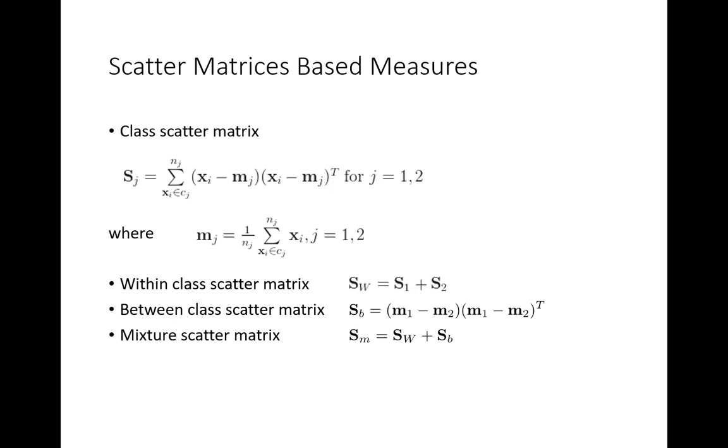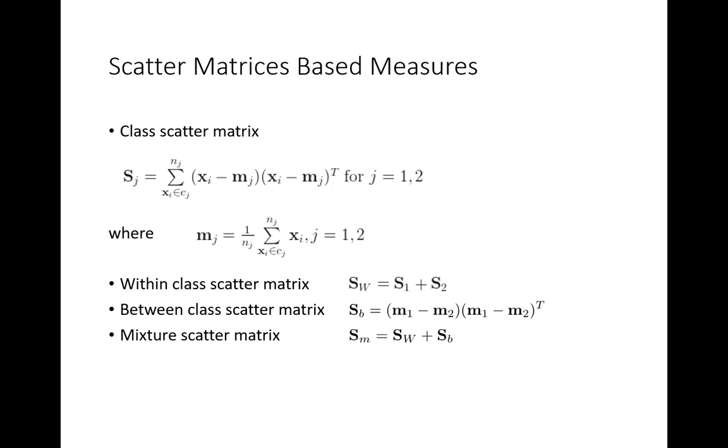One can also define what we call a within-class scatter matrix, which is nothing but the sum of the two individual scatter matrices. One can also define a between-class scatter matrix, which is basically a measure of how far the two mean vectors are from each other.